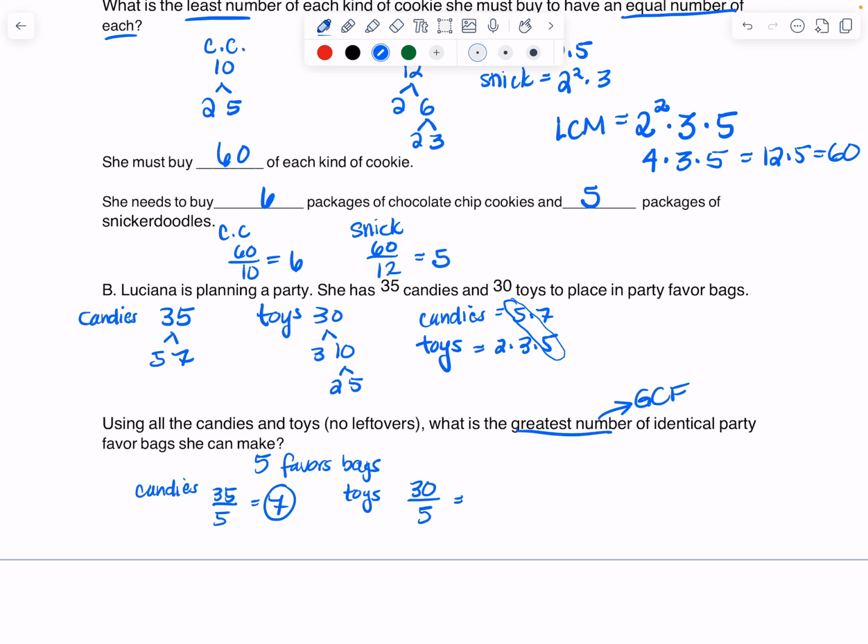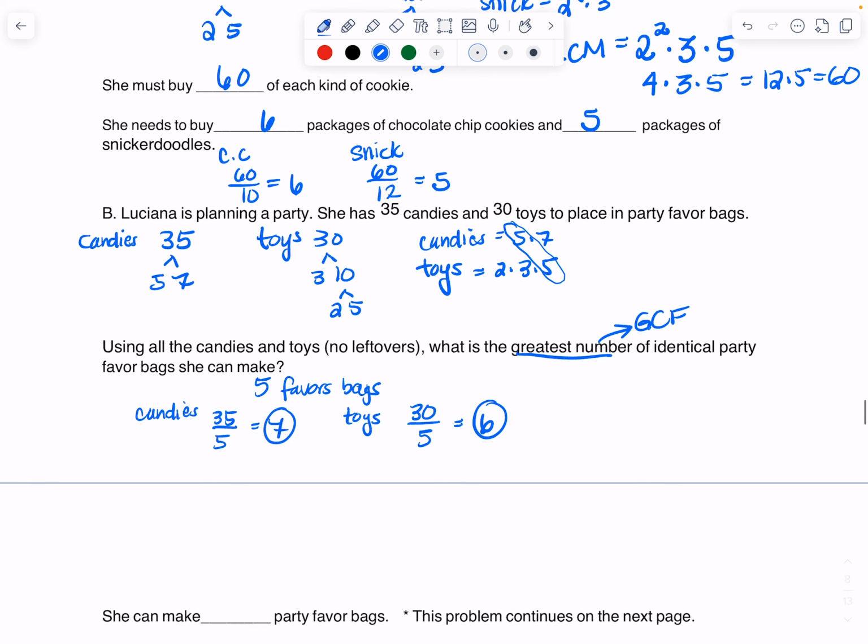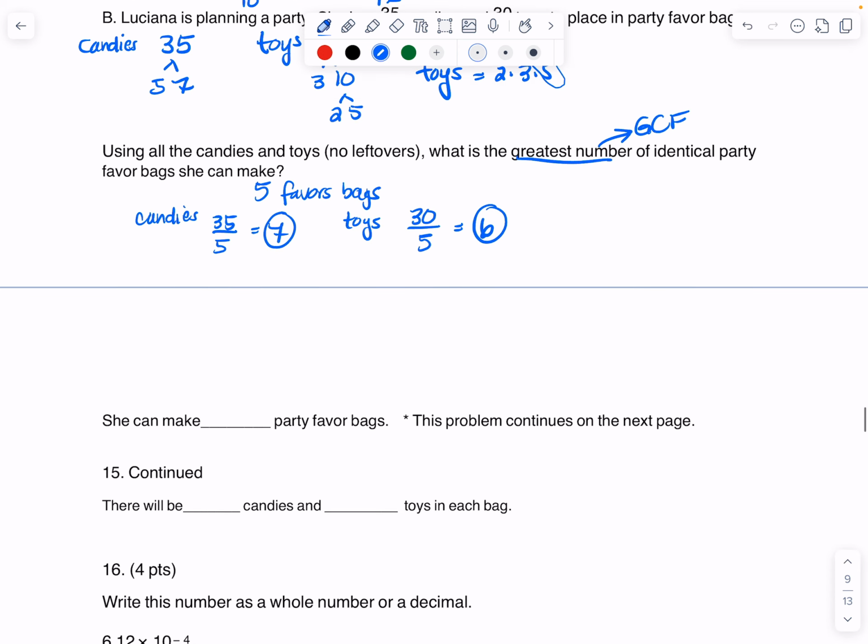So 30 divided by 5 is 6. So 6 toys and 7 candies have to be in each bag, and there's 5 favor bags. Okay, so I'm going to put that information here, 5 party favor bags. There will be 7 candies and 6 toys in each bag.